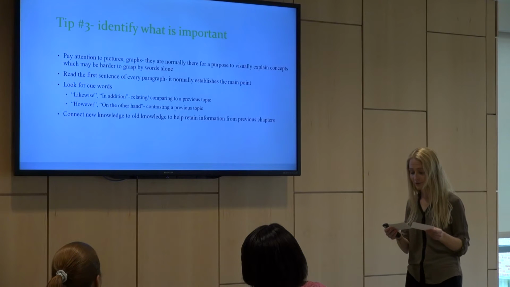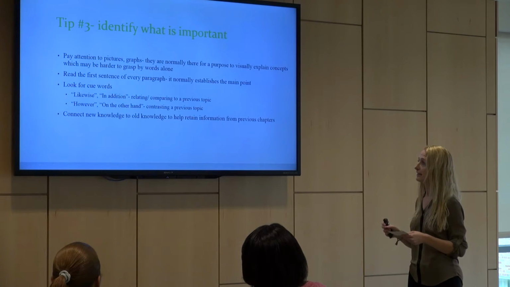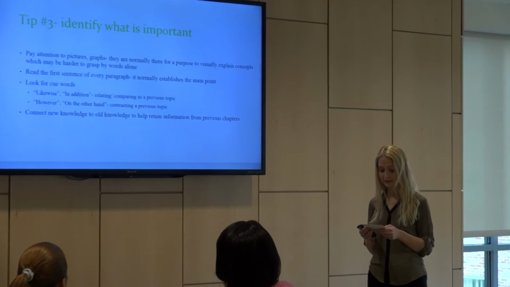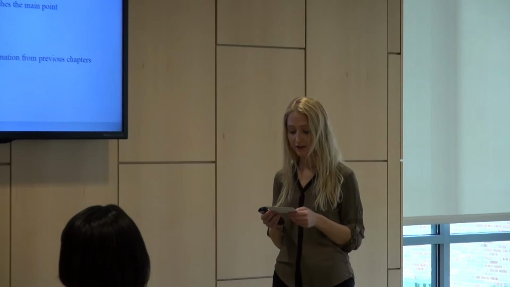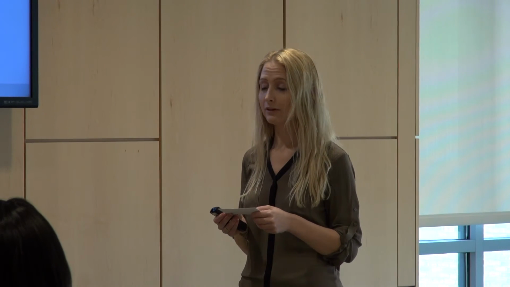So now I'm going to go back to the nucleus. So let's see if we're reading in addition. So if the textbook says, in addition to having a nucleus, eukaryotic cells have other membrane-bound organelles. Okay, so now we're learning a new term, which is eukaryotic cell. So we're going to go back to what we learned before, and we're going to look up eukaryotic cell in the glossary, and then we're going to look up eukaryotic cell in the index.